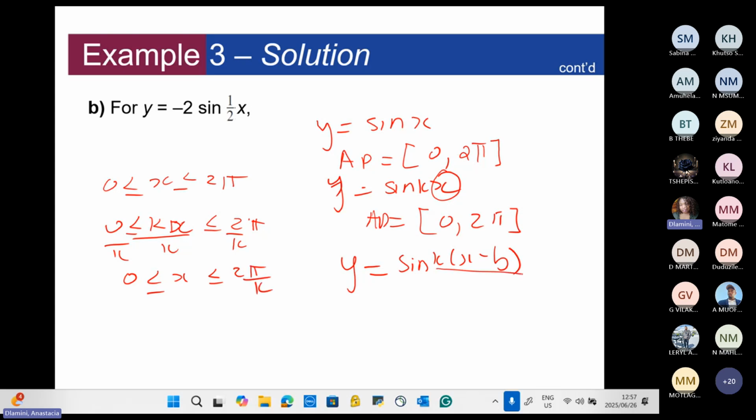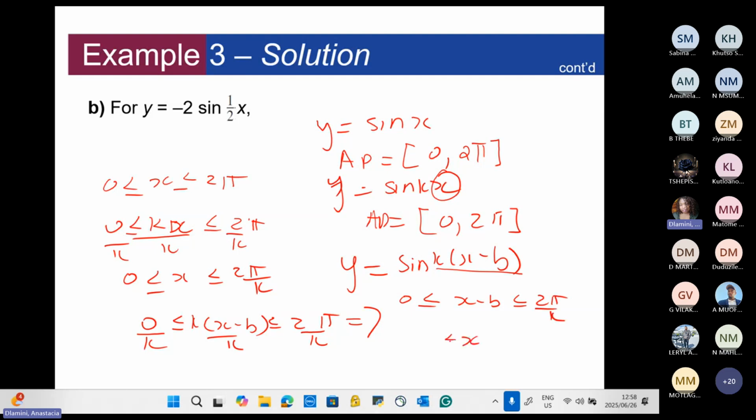So now this one, we have kx minus b between 0 and 2 pi, then dividing by k. So the appropriate interval will actually be between b and what? 2 pi over k plus b. So the new appropriate interval will be b to 2 pi over k plus b.